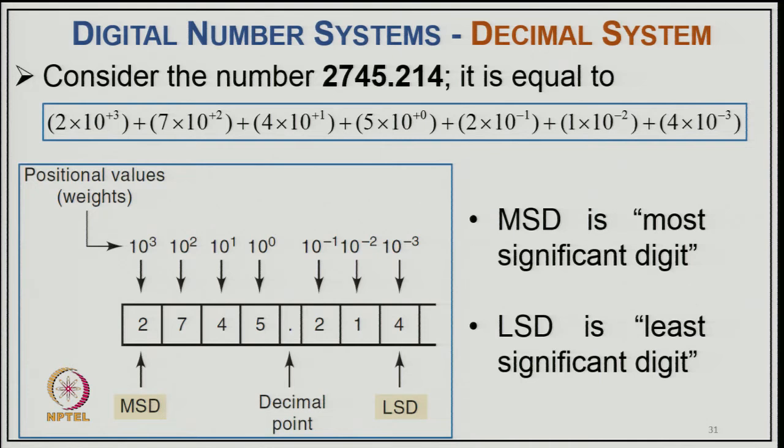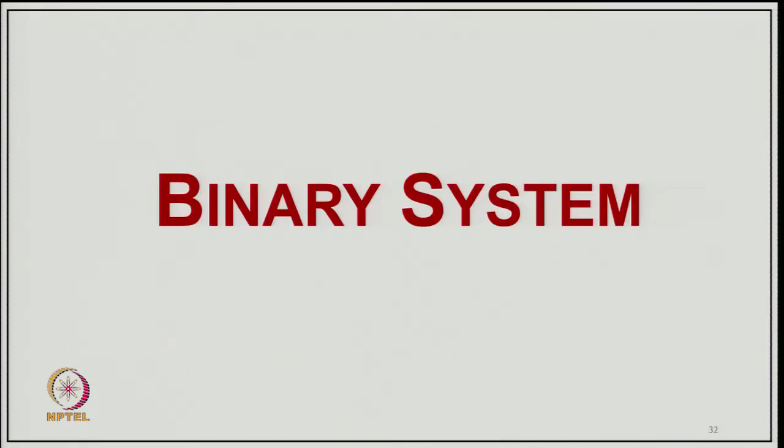Similarly, on the fraction or decimal part, we have 10 to power minus 1 for the first digit, then 10 to power minus 2 for the second digit, and 10 to power minus 3 further on the right, which we call the LSD, the least significant digit, which has the minimum value. So, we have the concept here of most significant digit and least significant digit. The left side is the most significant, the right side the least significant; MSD and LSD we call them in short. So, that is about the decimal number, just to make the concept clear.